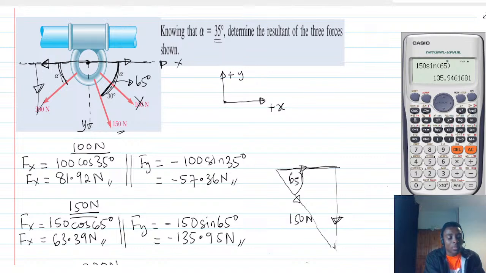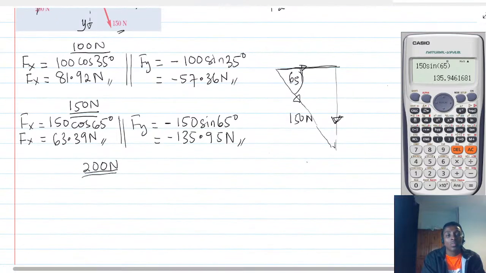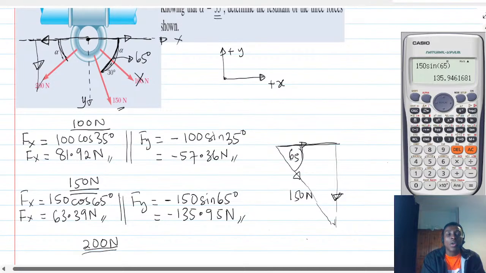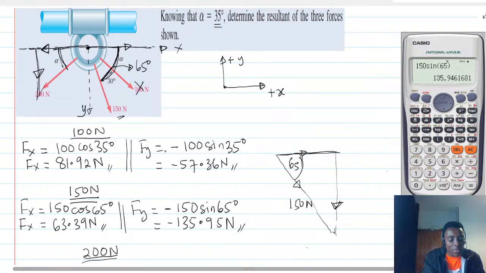Now watch this. For this force, the x component is going this way, and the y component is also going down, right? So because of that, it makes the whole of that negative, isn't it?